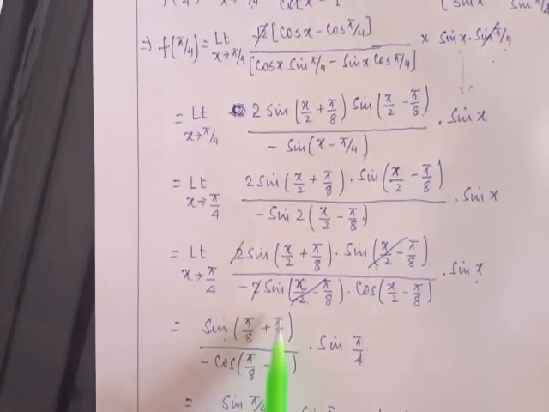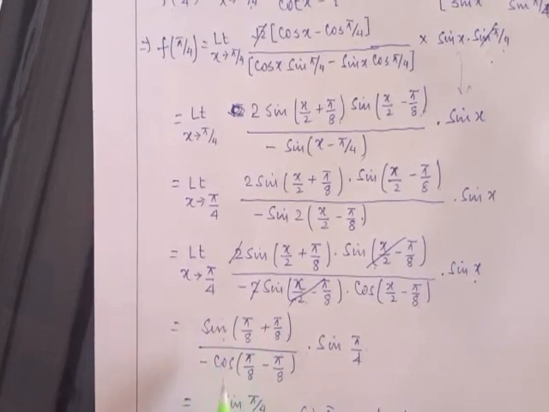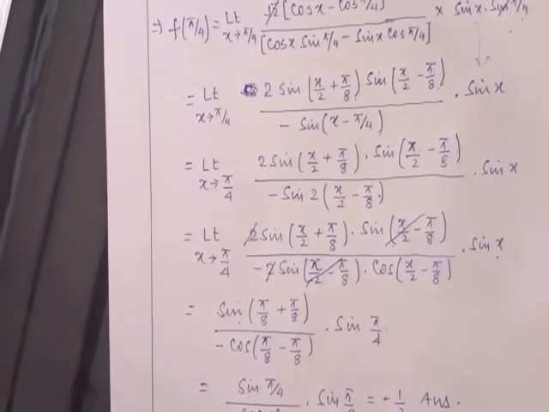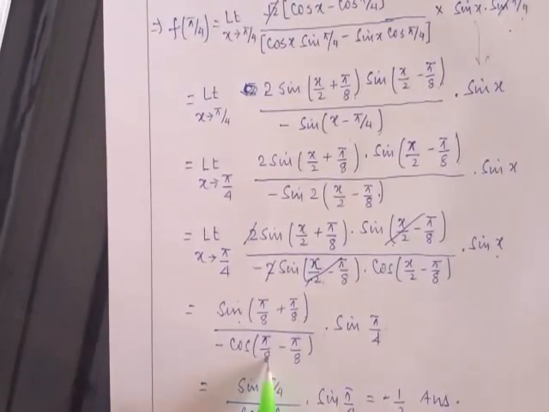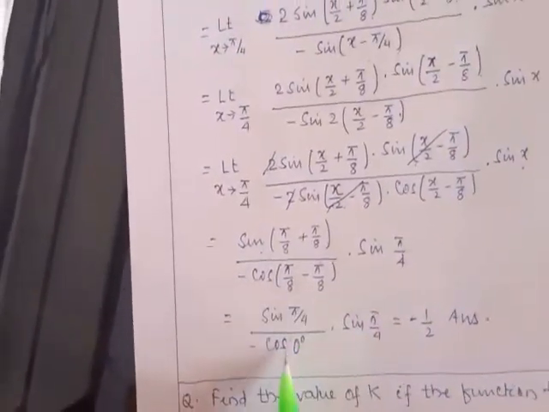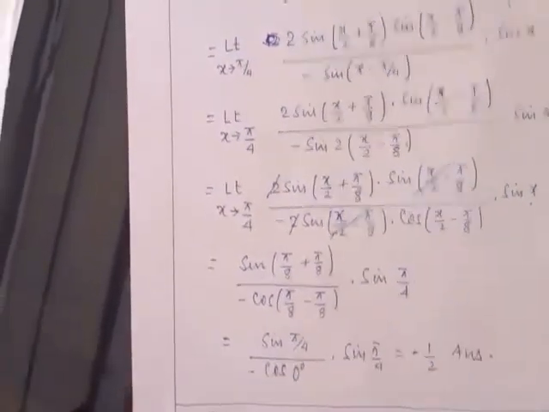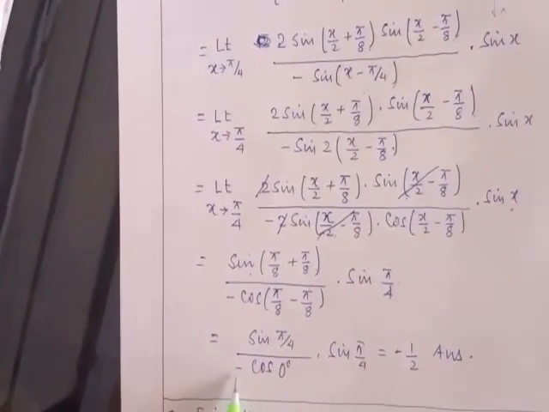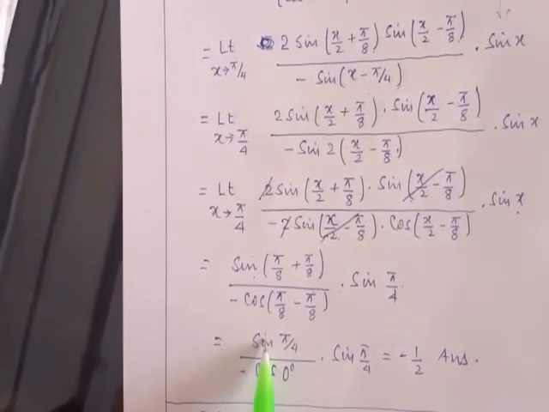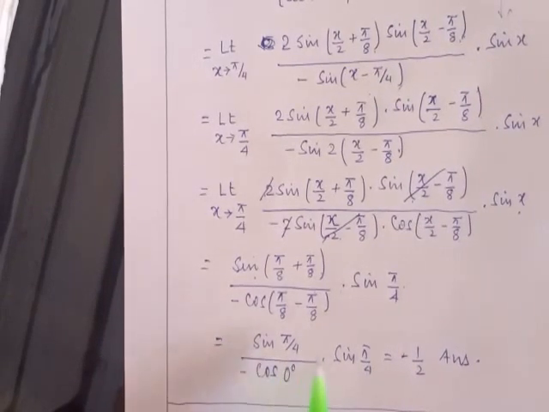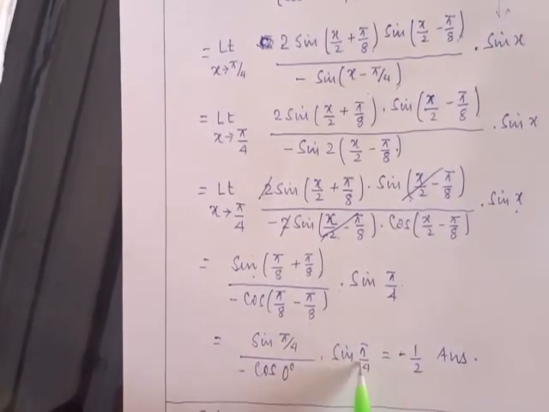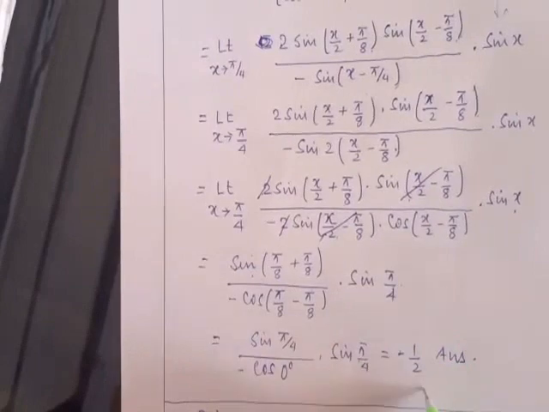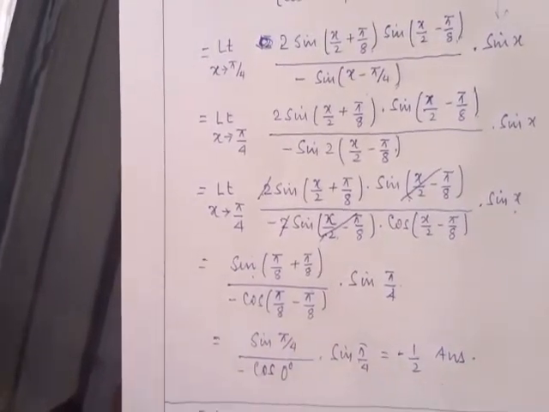So π/8 plus π/8 on adding becomes π/4, and this is minus cos 0 degree, and cos 0 degree is 1. So here only the negative is left, and sin π/4 is 1 by root 2, multiplied by 1 by root 2, it becomes minus 1 by 2.